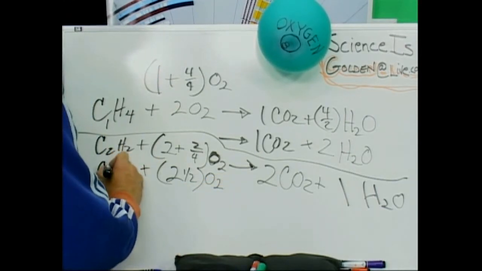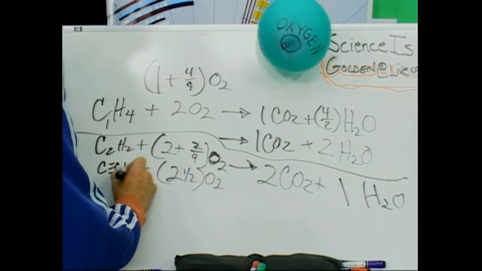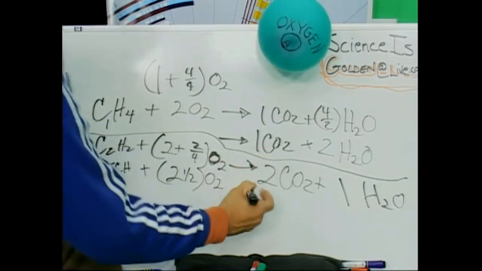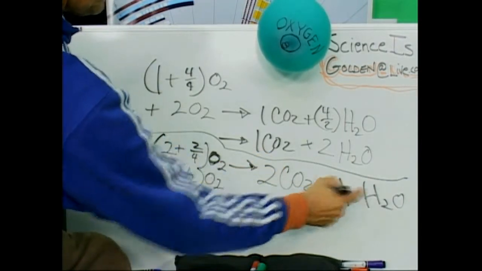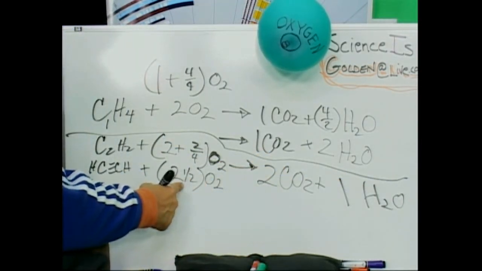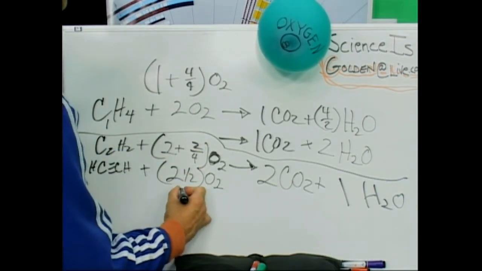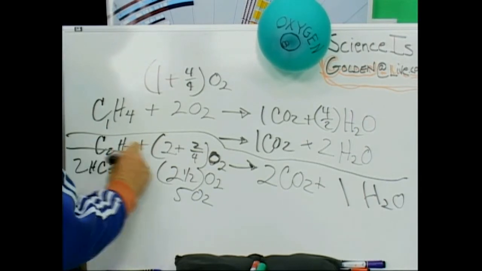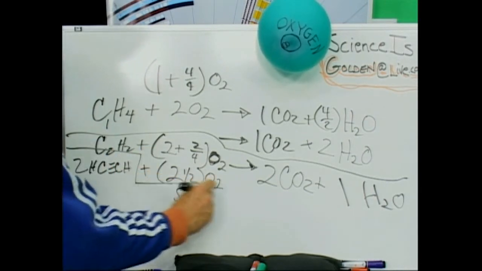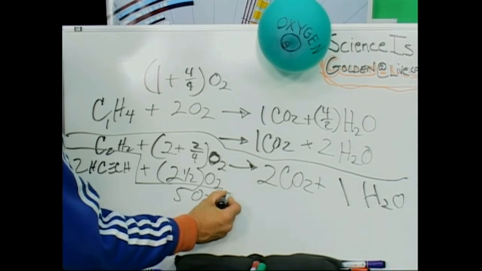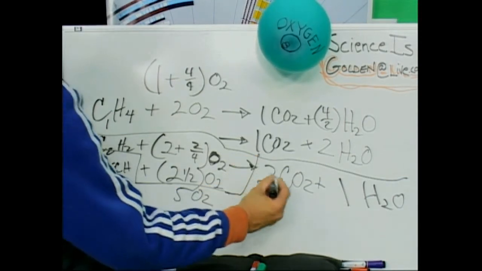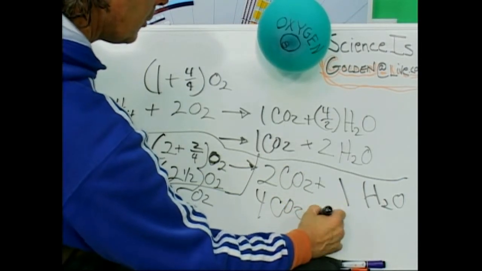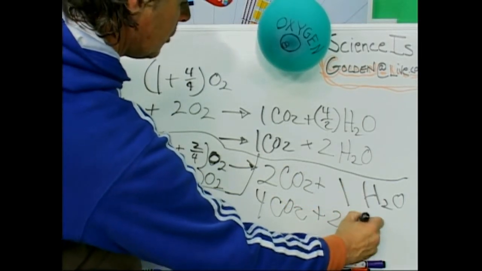So 1 acetylene, triple bonded, goes on to make 2 CO2s and 1 H2O. We're going to have to double this to make it 5. So 5 O2s for 2 acetylene groups. It's got 2 different kinds of names. Double that is going to be 4 CO2s plus 2 H2Os.